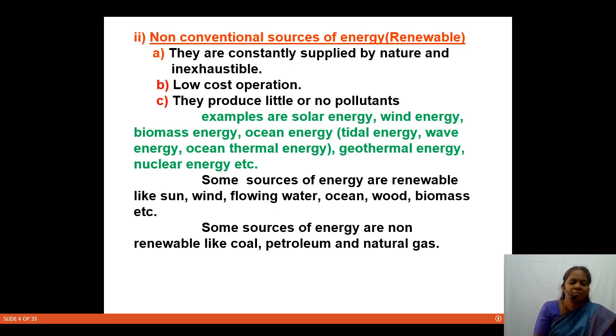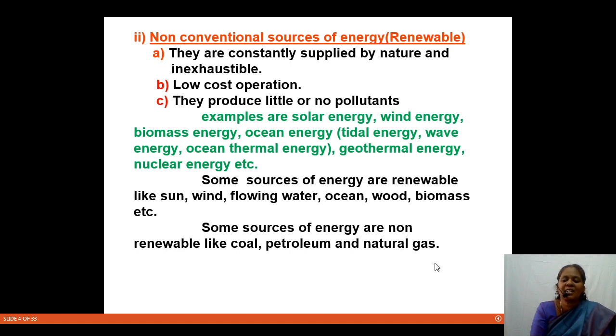So it is inexhaustible, low cost of operation, free of cost. Water energy and sun energy are free of cost. They produce little or no pollutants in the environment. Examples of non-conventional sources of energy are solar energy, wind energy, biomass energy, ocean energy, geothermal and nuclear energy.